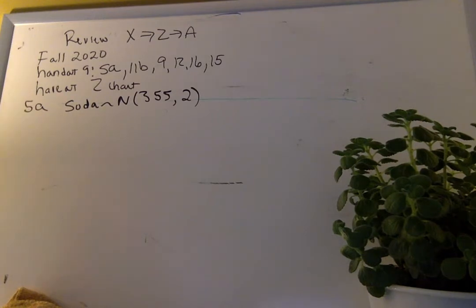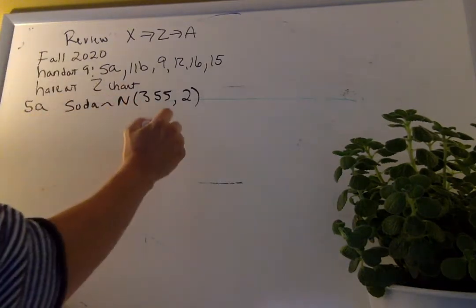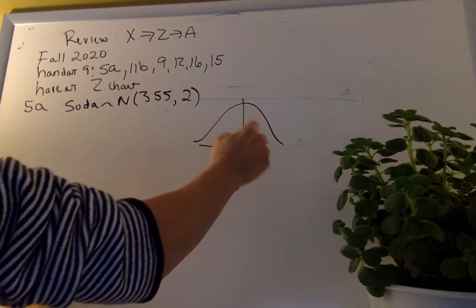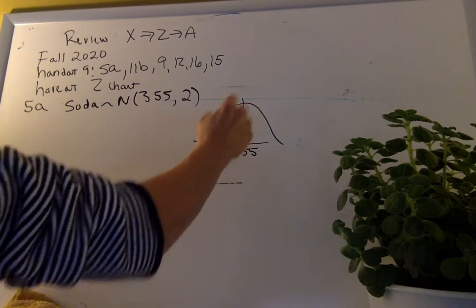Part A. Part A is the only one from number 5 that you're supposed to be doing for test 2. What is the probability a randomly selected bottle has greater than 340? Okay, let me draw a quick little picture. The mean's 355. We're doing 340.